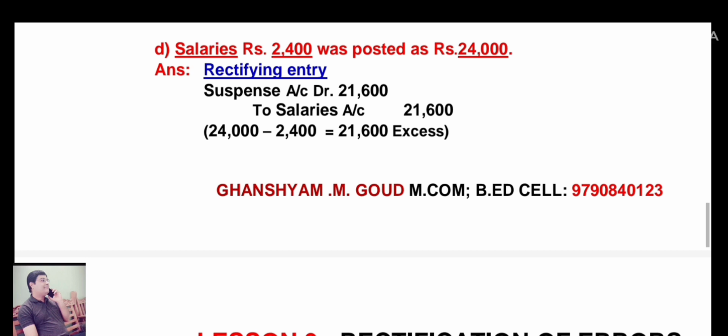So it is an excess, and we have to write the opposite entry. Salary is a debit balance, but to rectify it we have to write on the credit side. So the answer is suspense account debit 21,600 to salary account 21,600. 24,000 minus 2,400 is 21,600. The difference value we have to write in the answer.